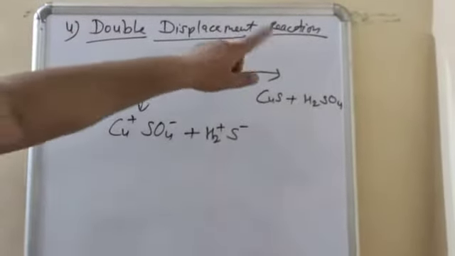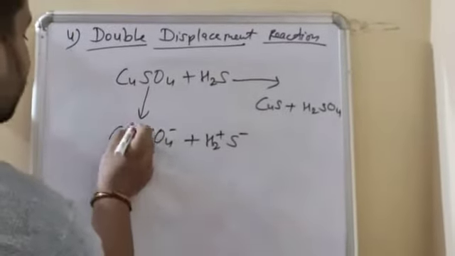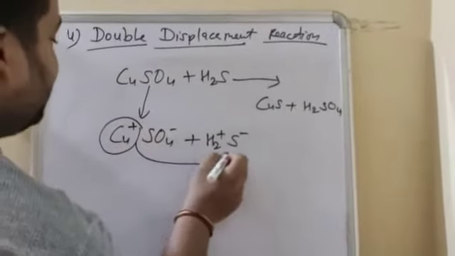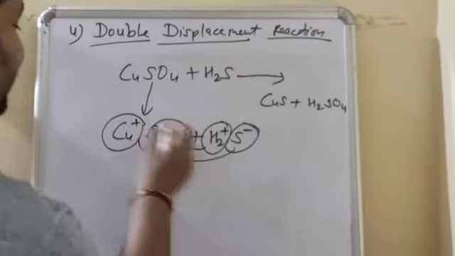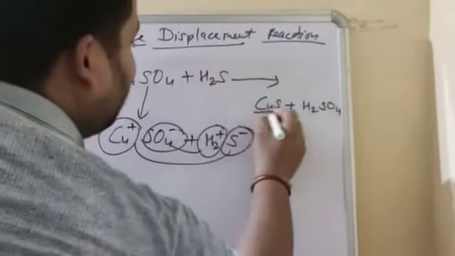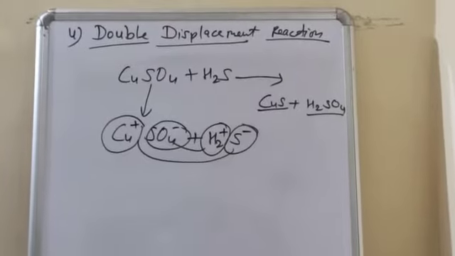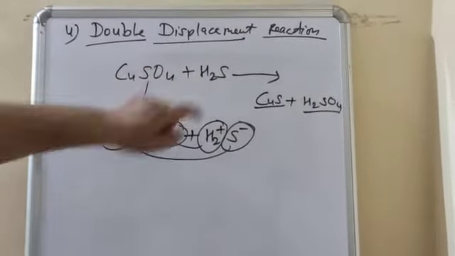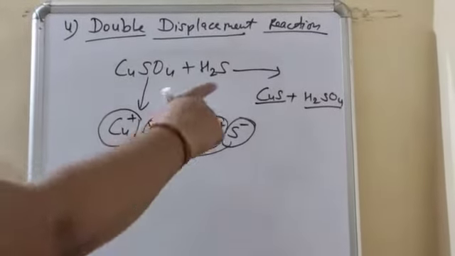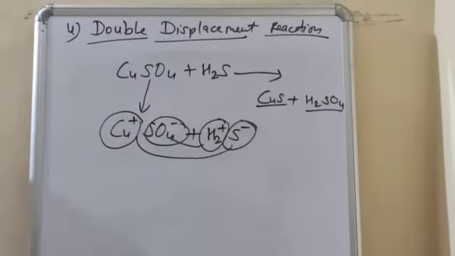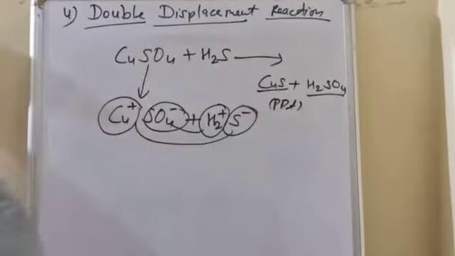So double displacement reaction is a reaction in which ions are exchanged, meaning this positive ion will combine with this negative ion and this positive ion will combine with this negative ion, and copper sulfide and H2SO4 will be formed. Here both are aqueous solutions, but after reaction copper sulfide plus H2SO4 will be formed. Here copper sulfide is a precipitate, meaning it is insoluble in water.